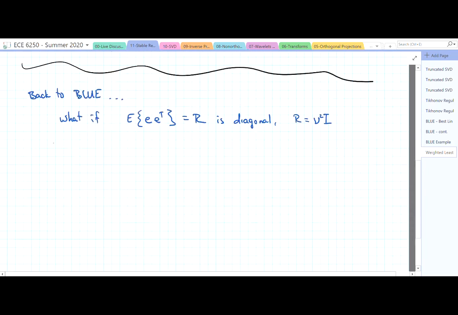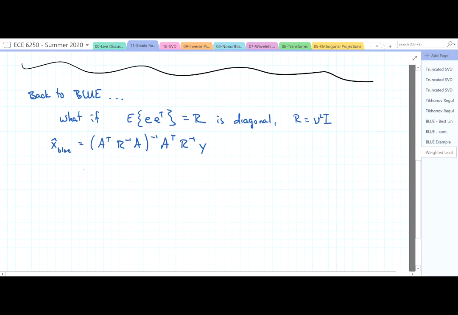We know that our BLUE solution is equal to (AᵀR⁻¹A) inverse AᵀR⁻¹y.